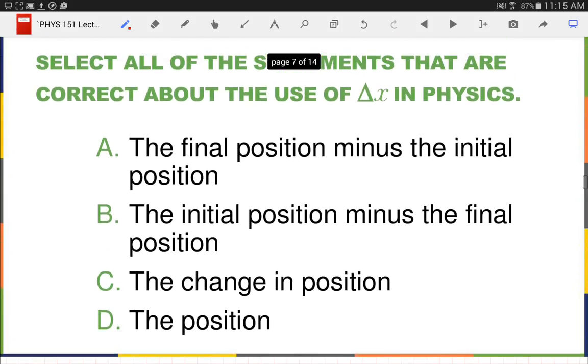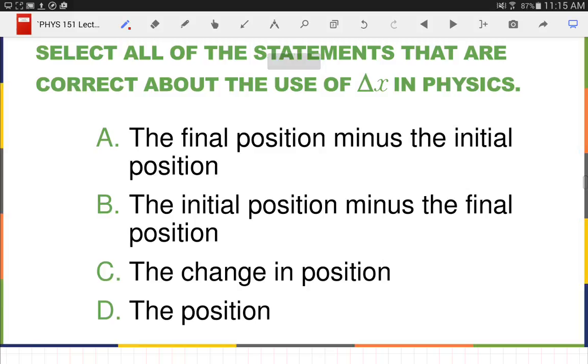Okay, another clicker question. Select all of the statements that are correct about the use of delta x in physics.